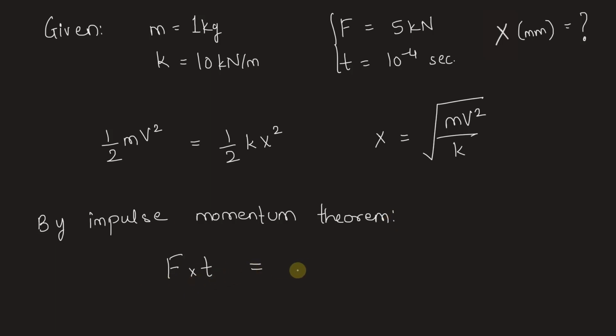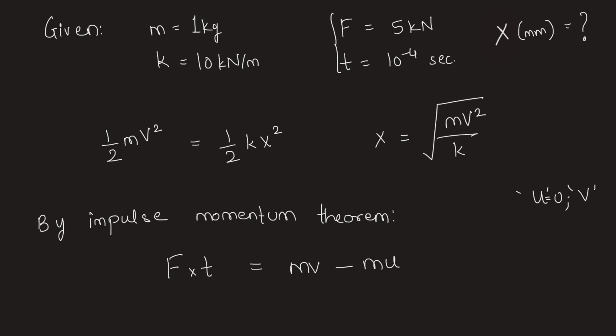Impulse F into t will be equal to change in momentum. Let the initial velocity be u and final be v. So we have m into v as the final momentum minus initial momentum m into u. Initial velocity of the system can be taken as 0 because it was initially at rest.